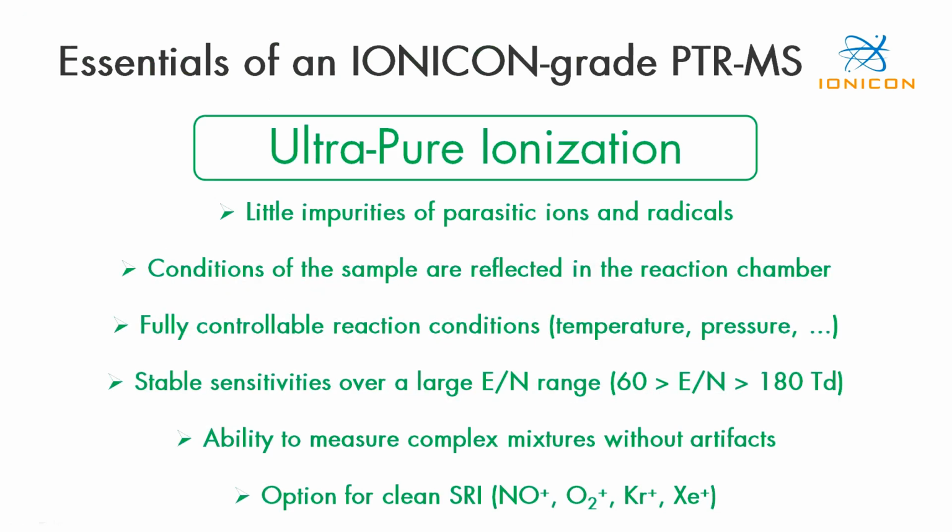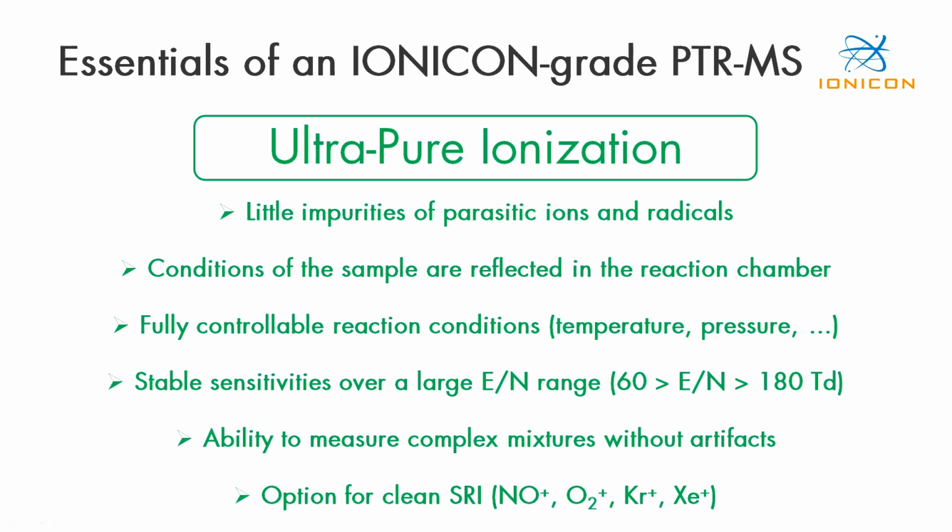Now let me summarize the first essential of an IONICON-grade PTR-MS. We achieve our ultra-pure ionization by having little impurities of parasitic ions and radicals in the reaction chamber. We reflect the conditions of the sample in the reaction chamber. An IONICON PTR-MS has fully controllable reaction conditions, including pressures and temperatures.